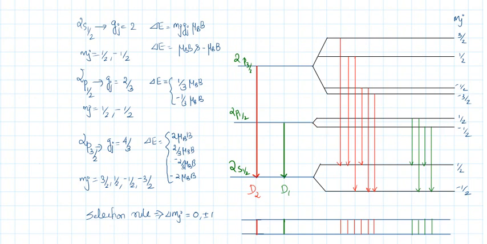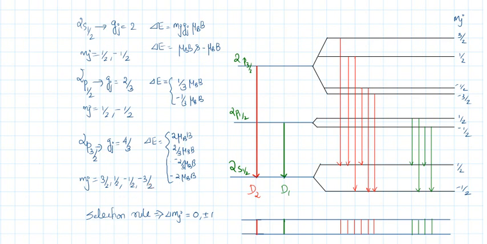Similarly, for 2p3/2, the gj value is 4/3, and ΔE is mj gj μB B. For j equal to 3/2, mj can have values 3/2, 1/2, minus 1/2, minus 3/2.